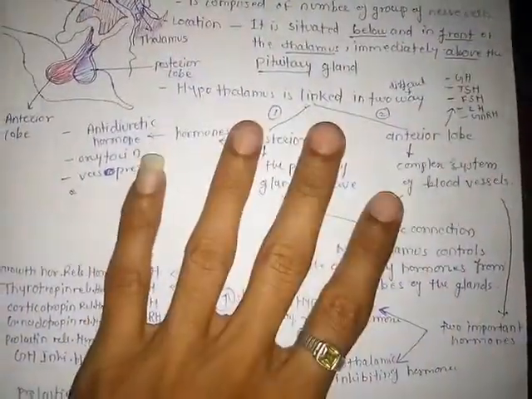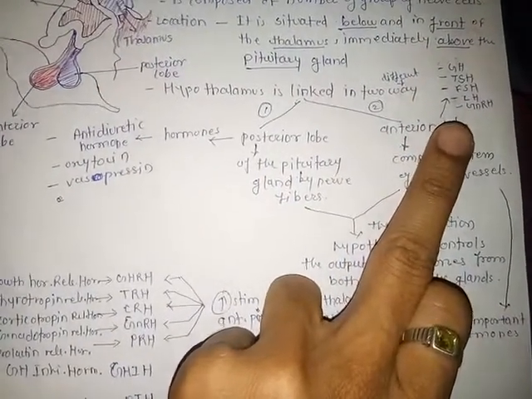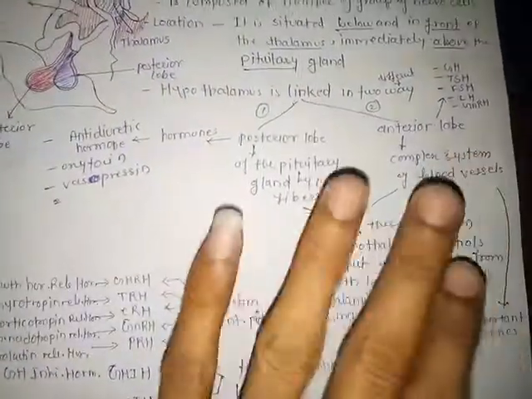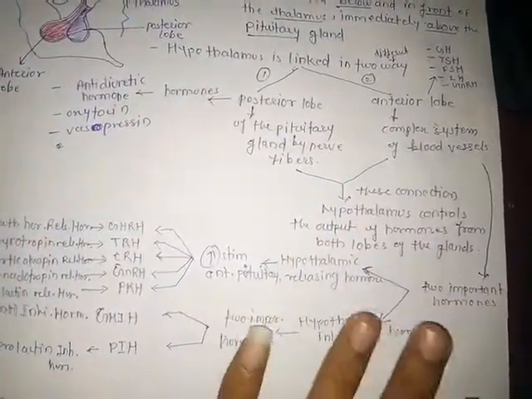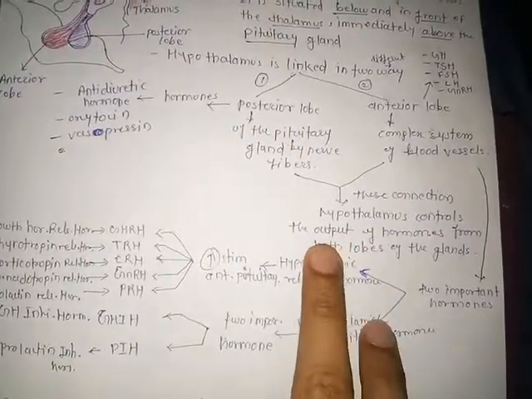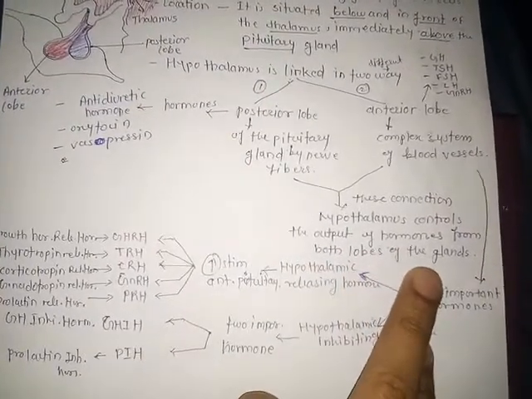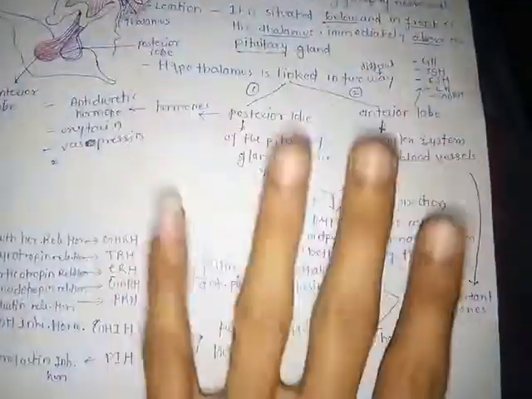The anterior lobe of the pituitary gland secretes some hormones, that is growth hormone, thyroid stimulating hormone, follicle stimulating hormone, luteinizing hormone, and gonadotropin releasing hormone. Through the complex system of blood vessels and the connections between the posterior lobe and anterior lobe, the hypothalamus controls the output of hormones from both lobes of the gland, meaning the hypothalamus controls the release of hormones.